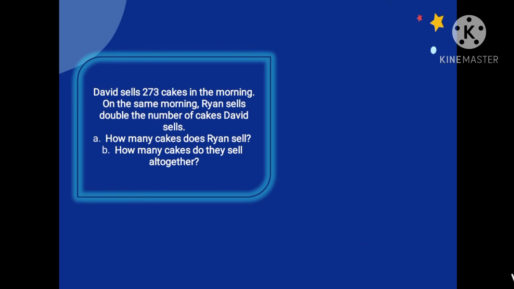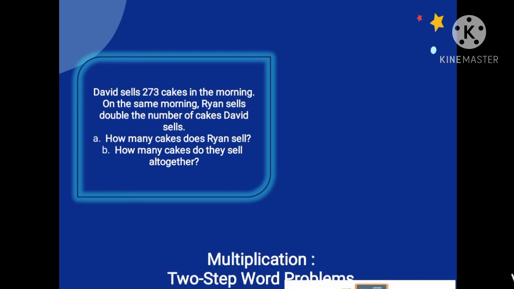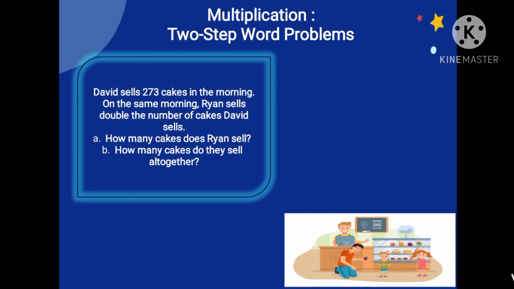Now next. Last time we talked about multiplication, but this is the 2 steps. So you need to do 2 steps to answer the question. First, David sells 270 cakes in the morning. On the same morning, Rian sells double the number of cakes David sells.